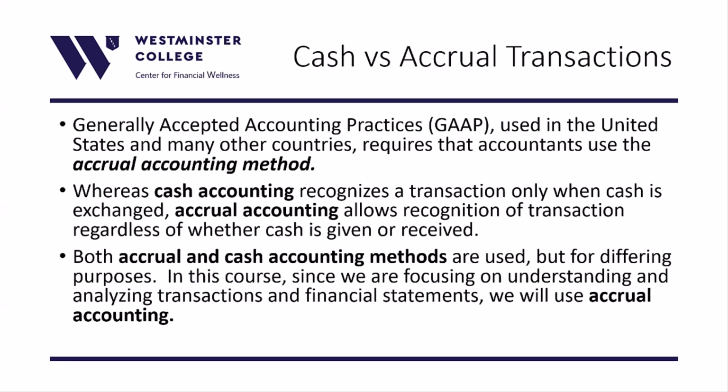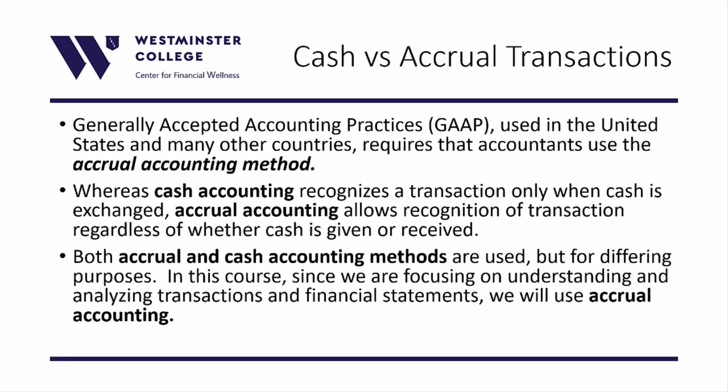On the other hand, cash accounting, or more correctly, modified cash accounting, is required in the US by the Internal Revenue Service. The IRS's purpose is to assess and collect taxes on a company's earnings. This is a completely different purpose from communicating the results of business transactions. And the IRS has determined that cash accounting is the better method for making this assessment. Again, for our purposes of creating and analyzing financial statements, we will be using accrual accounting.